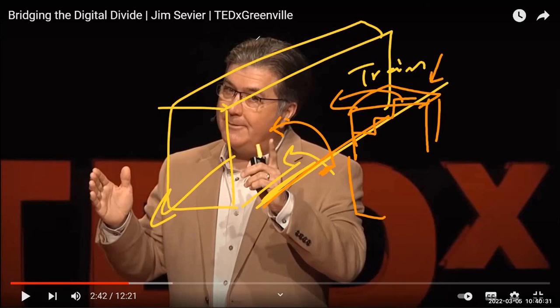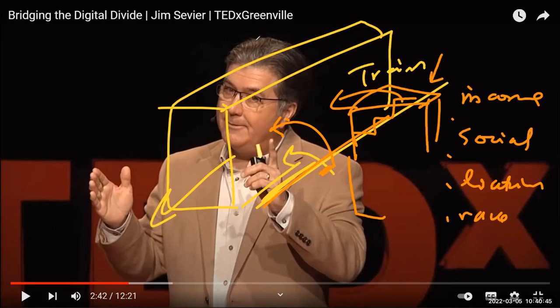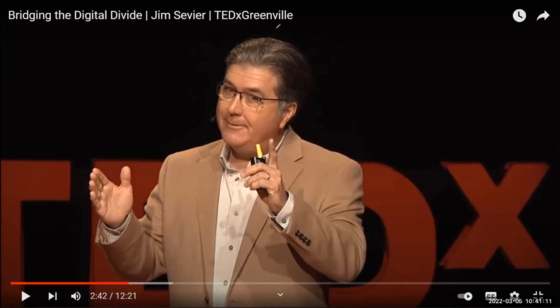From his words, he indicated that the social income level, social standing, also the location of where you are, maybe race sometimes, and maybe also gender sometimes. These are the issues that divide people from being able to get into the train. So the train is still going, but not everybody is welcome or able to find a seat. That's what the problem is right now for the digital divide, okay?